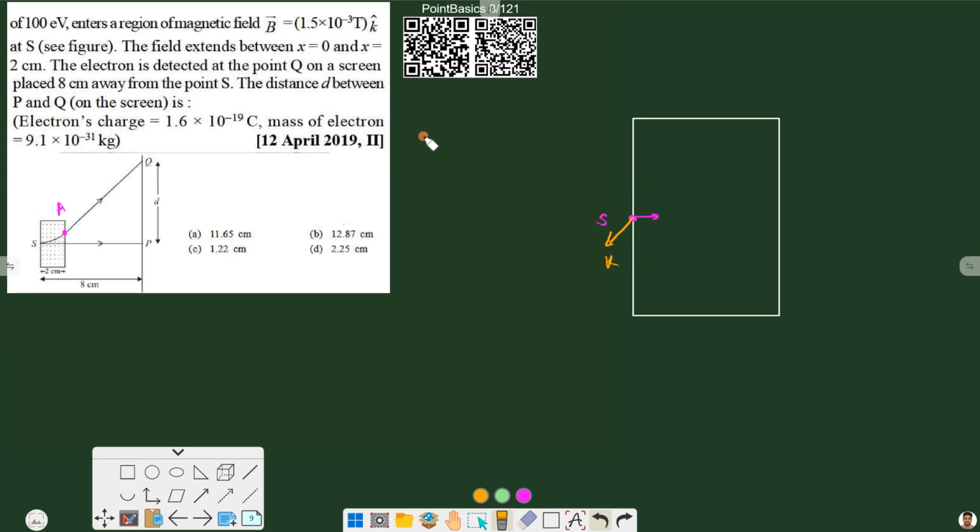The direction of force on the electron will be minus q, as the electron has negative charge, v is in the i or x direction, and the magnetic field is in the k or z direction. So i cross k will be minus j, and with minus minus we have plus j.